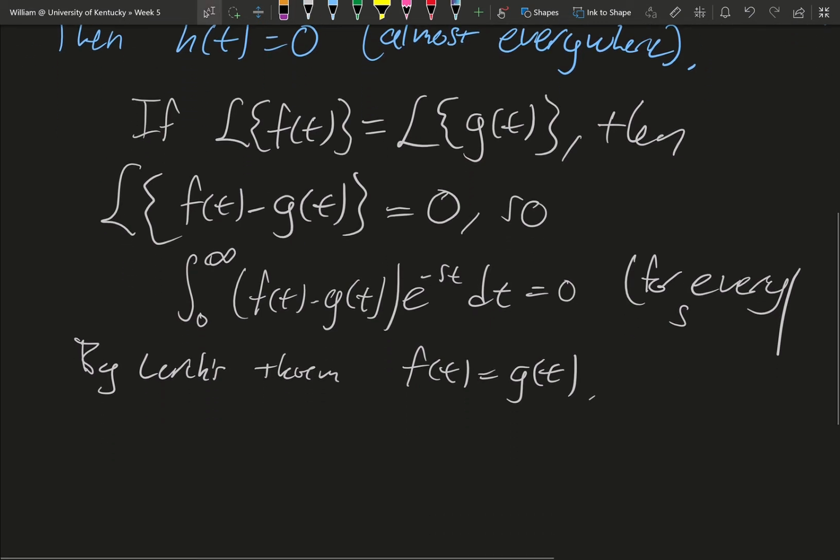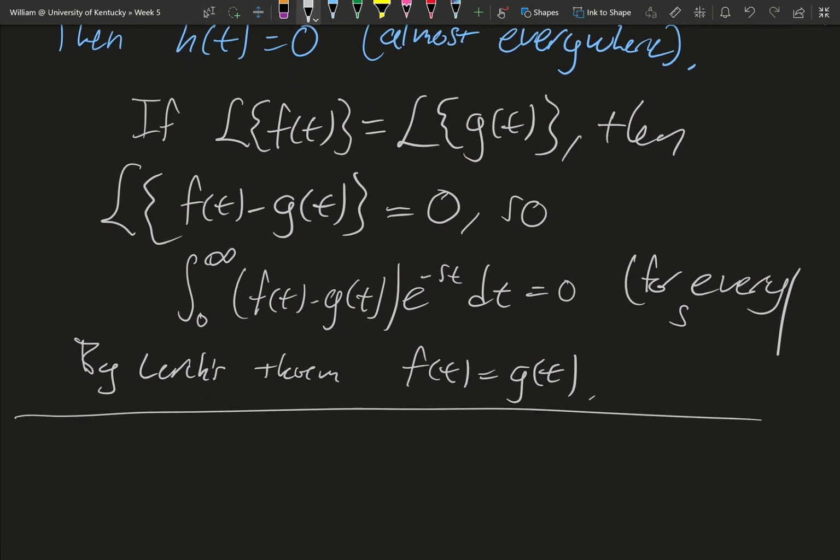Okay, so this says that there's only really one function that can give you a certain Laplace transform, so this lets us define the inverse Laplace transform.